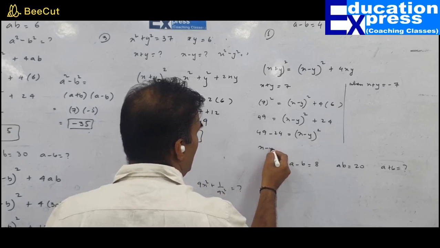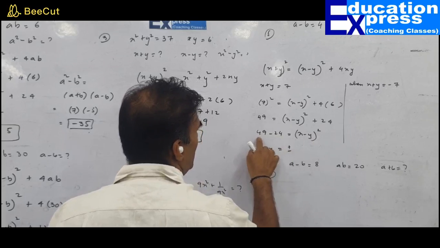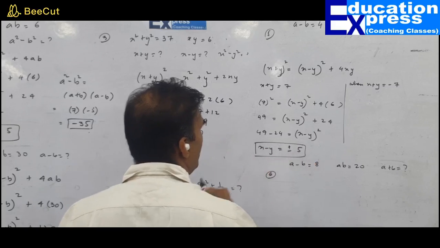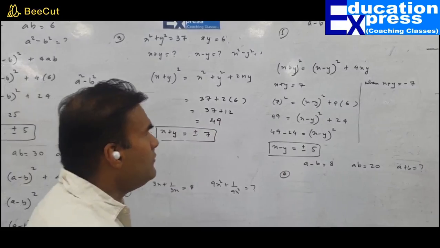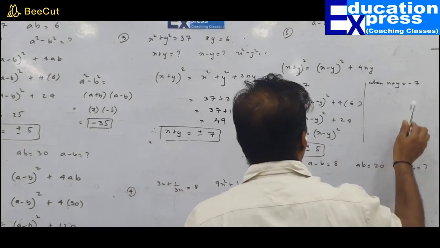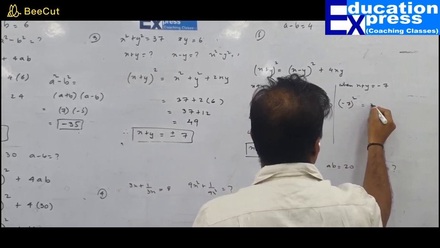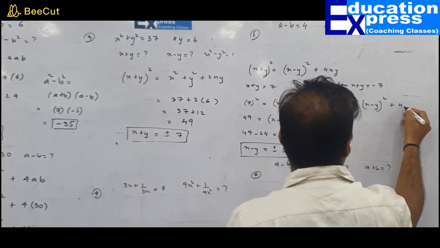Taking square root, x minus y would be plus or minus the square root of 25, which would be 5. If I apply x plus y as minus 7, then minus 7 the whole square will be (x minus y) whole square plus 4.